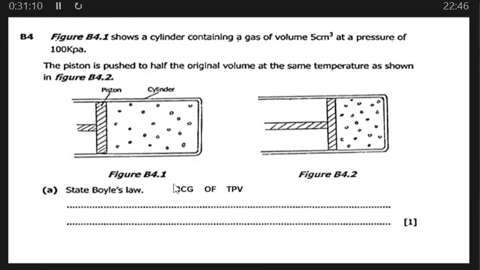How do I memorize this? I like memorizing this as "beautiful cute girls of 10 T10 provinces". So B for Boyle's law, C for Charles' law, G for Gay-Lussac's law, then T for temperature, P for pressure, V for volume. Now, this B moves with the temperature.